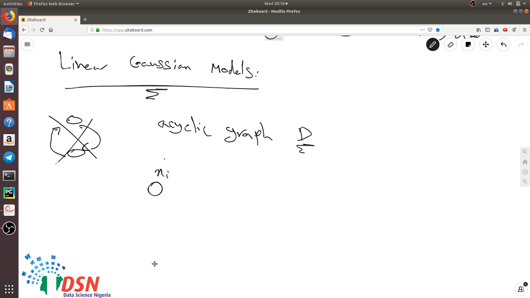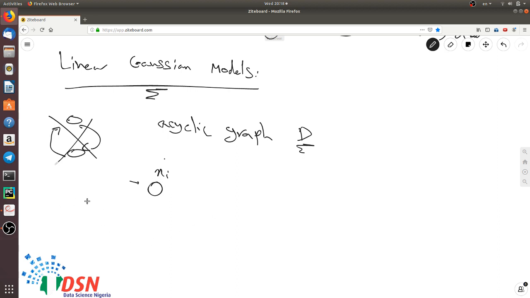Now, the distribution of this node is Gaussian, and a Gaussian distribution has mean and variance.